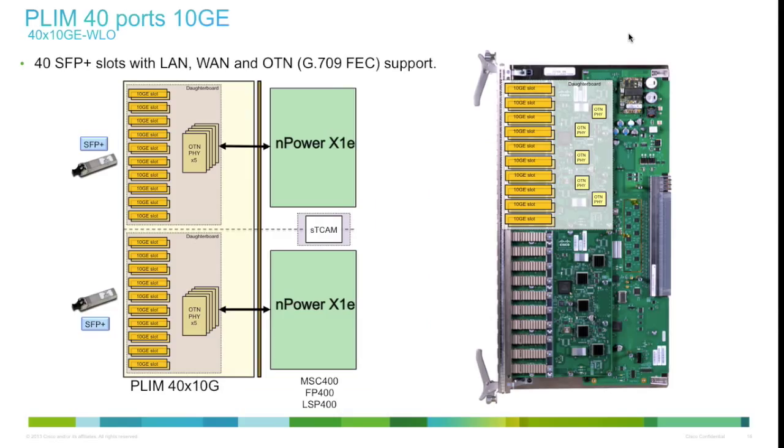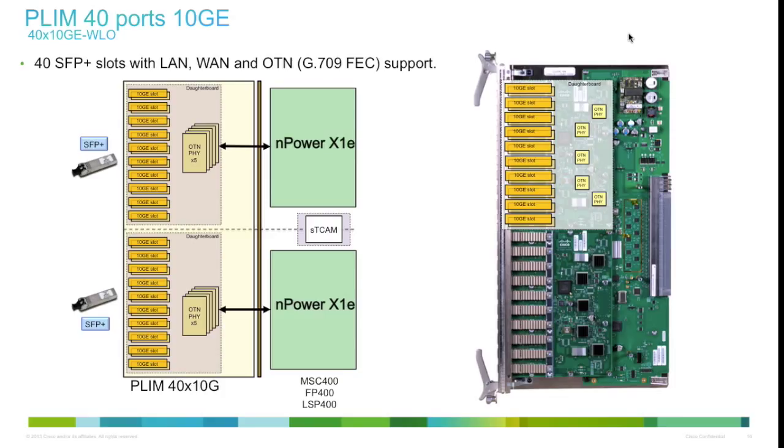The first one I'll describe is the 40 by 10 GiG WLO. This card will offer 40 optic slots for SFP+, and it will support LAN-PHY, WAN-PHY, and OTN G709 FEC.